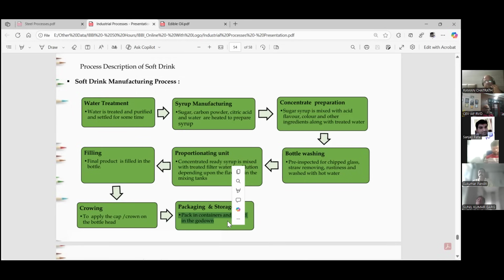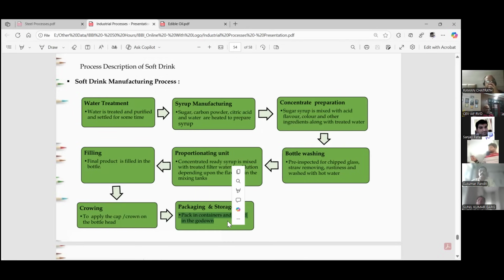After washing, they go for ultraviolet machines to kill the microorganisms, then go for filling. At that time, we are also doing the carbonization process, so carbon dioxide is added. Then it goes for crowning, the top cap is put on. After the crowning, you go for printing and storage.